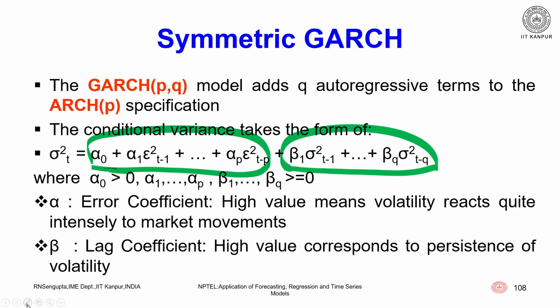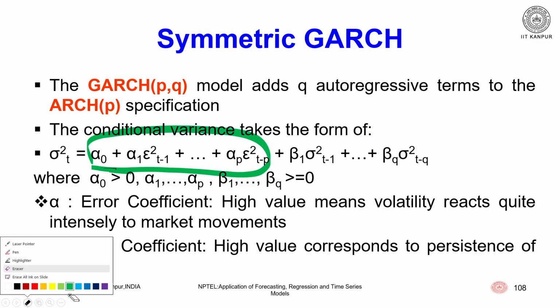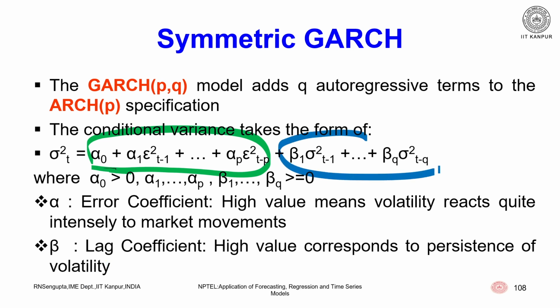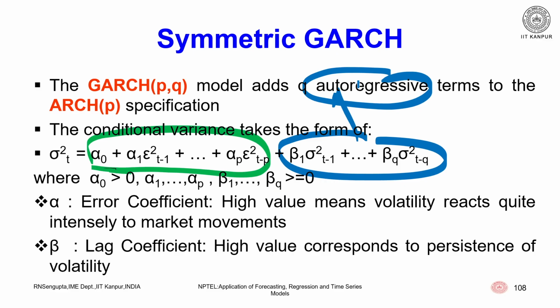I should mark it with a different color, sorry, my mistake. So, the blue one coming from autoregression and the green one from conditional heteroscedasticity.